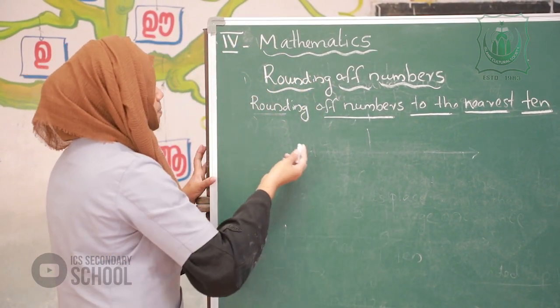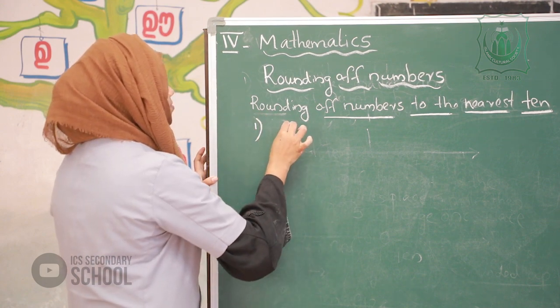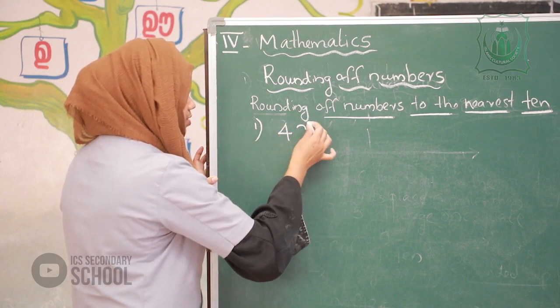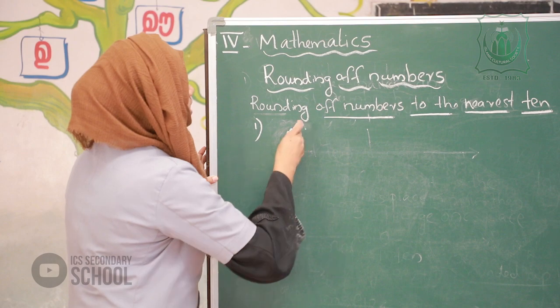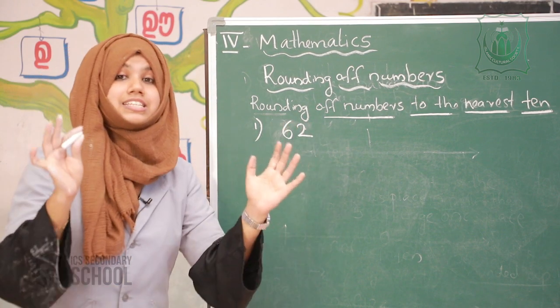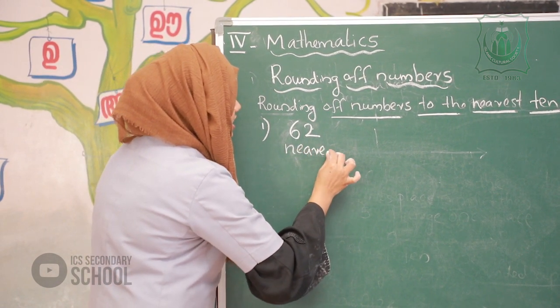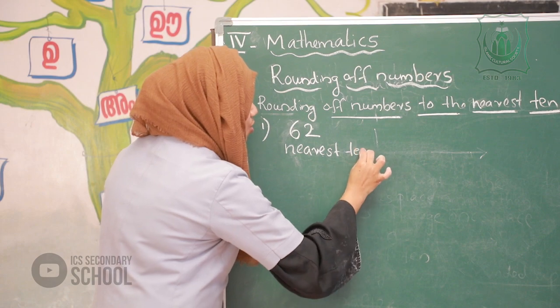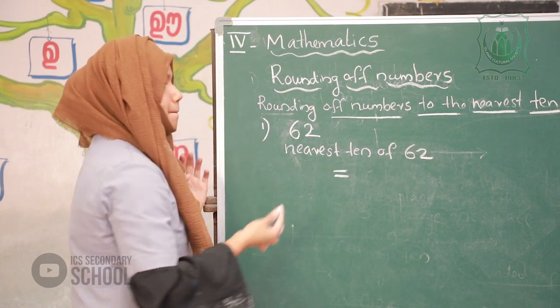Next number is 62. Write the nearest 10 of 62. How to find out?